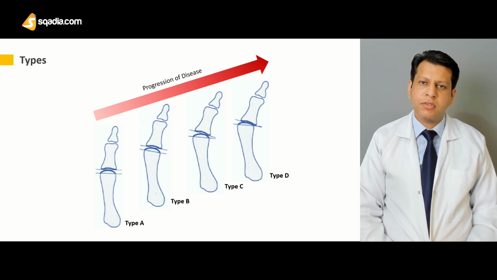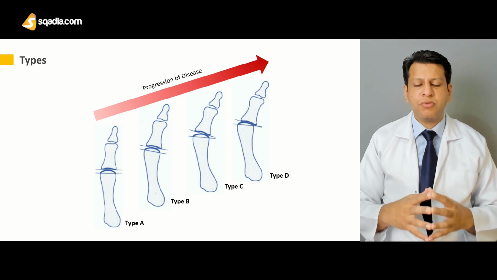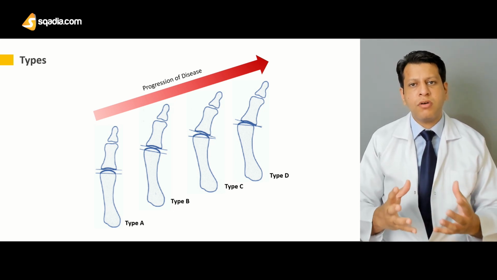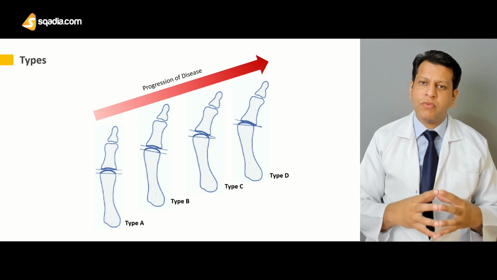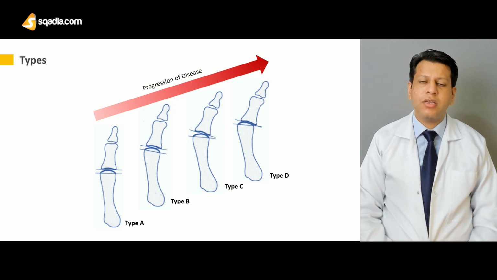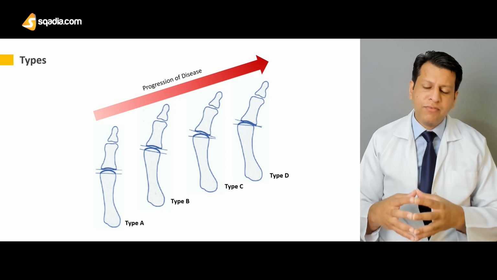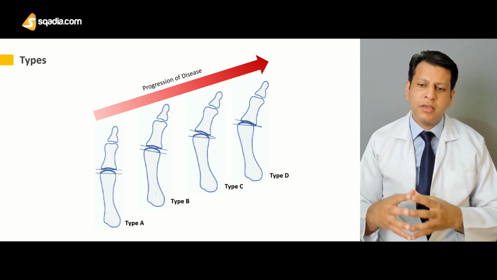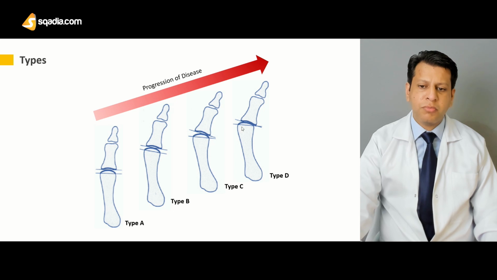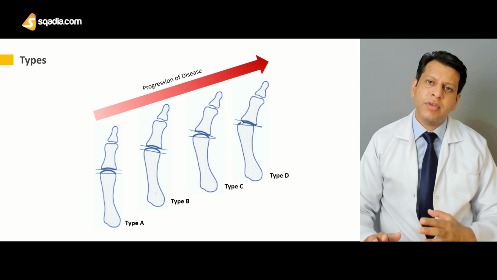The theme of this classification was to classify Hallux valgus on the basis of an incongruent first metatarsophalangeal joint. As the disease type progressed, the joint became increasingly incongruent. In type D, the more incongruent it is, the less coverage there is, or actually there is under coverage of the first metatarsal head, and the phalanges are more laterally deviated.